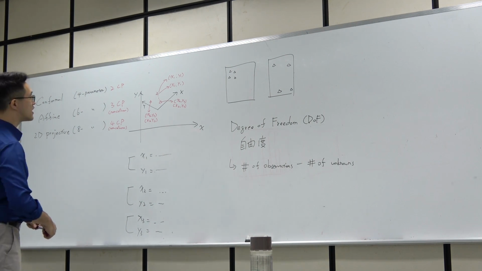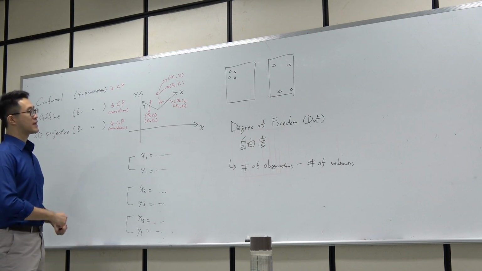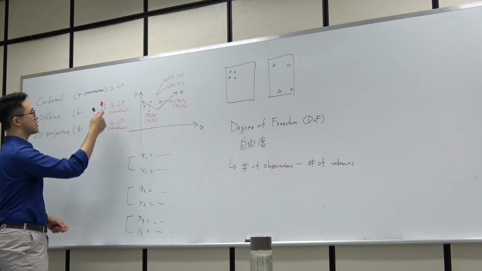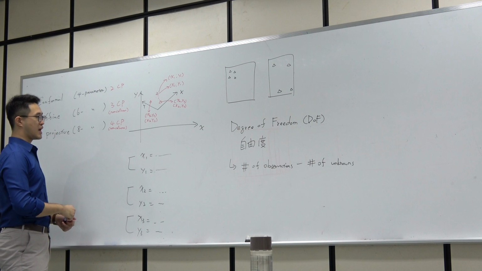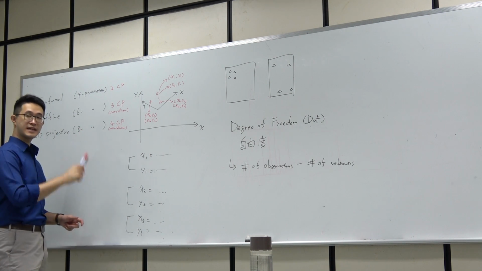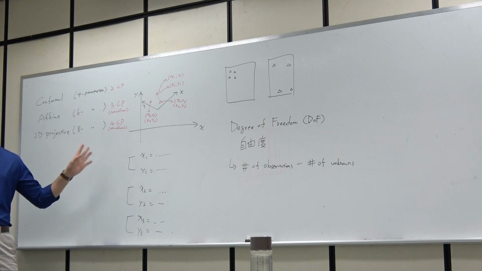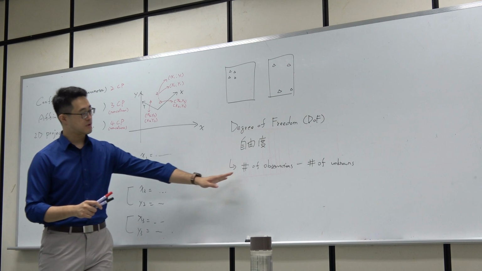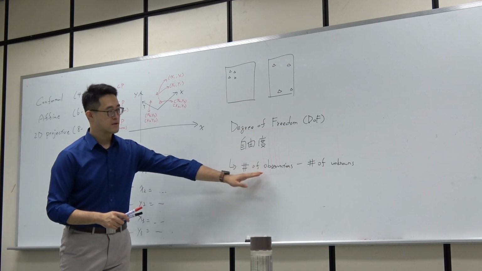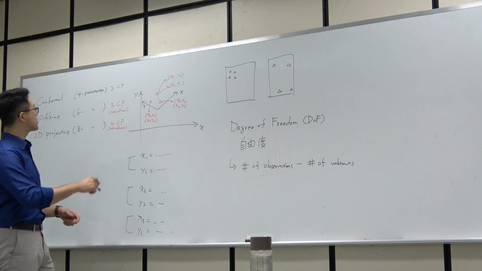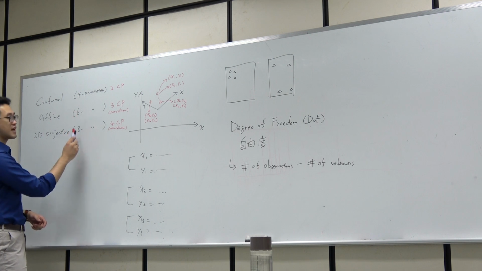So in this case, if we have 2, 3, and 4 control points, we have 4, 6, and 8 observations, which are the equations. So we have 4, 6, and 8 equations, which also means the number of observations. And how many unknowns do we have? 4, 6, and 8.